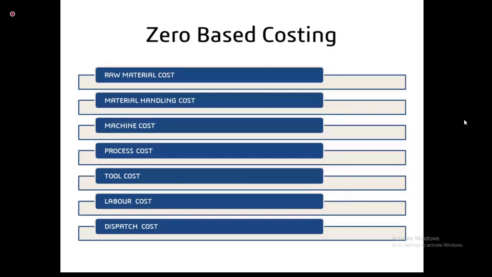Say, for example, if you want to machine the component, you have to understand which tool material should be used. Whenever I am calculating the cost of the component or the product, every expense should be considered. You cannot overlook any expenses in the product design.